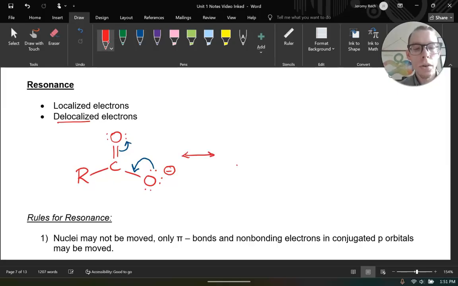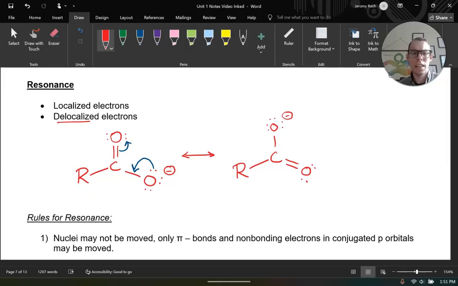This could give us a new resonance structure that would look like this, where now that oxygen on top carries a negative charge rather than the oxygen on the bottom right. Now, these are both depictions of your resonance contributors, but neither of these is actually a true representation of what our molecule looks like.